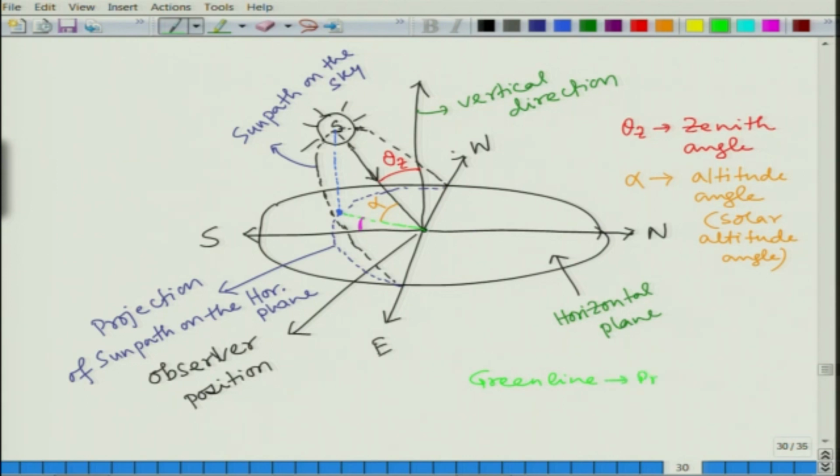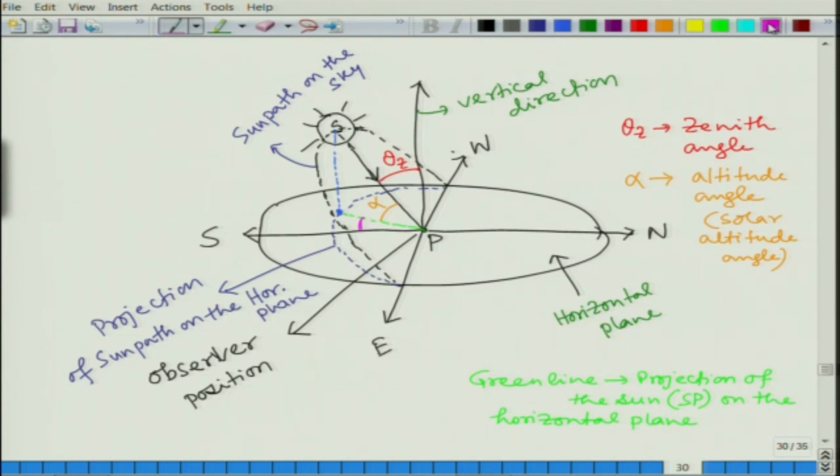Let me name this point P. So, the projection of the sun ray is the SP line. If you project that on the horizontal plane, that is the green line.